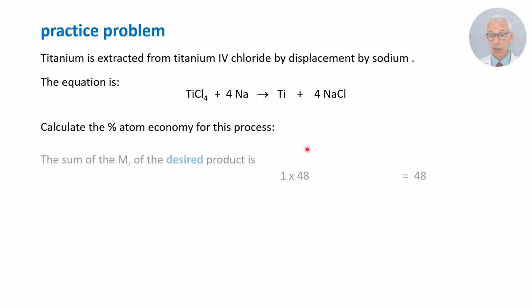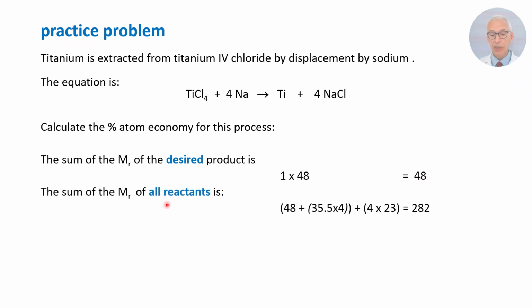Okay, so to reveal, we need to work out the sum of the relative molecular mass of the desired product. Well, the desired product is titanium. The relative atomic mass of titanium is 48, so 1 times 48, 48. Now we want the sum of the relative molecular mass of all the reactants, so titanium 4 chloride is 48 plus 35.5 times 4.